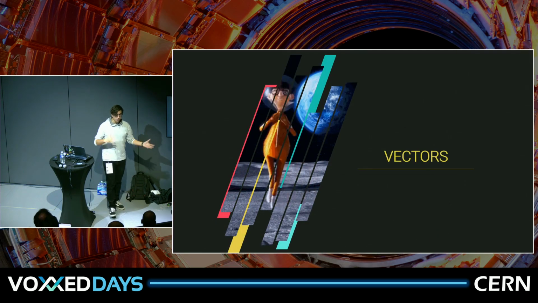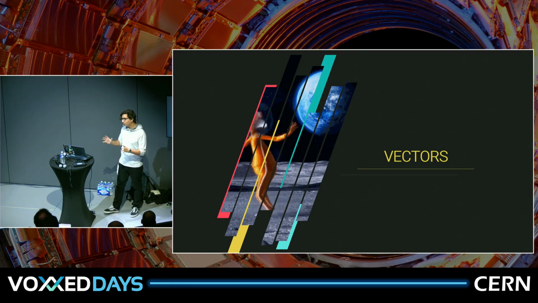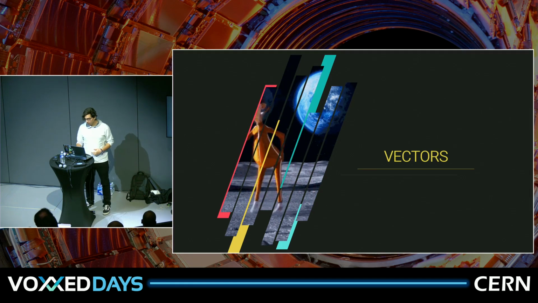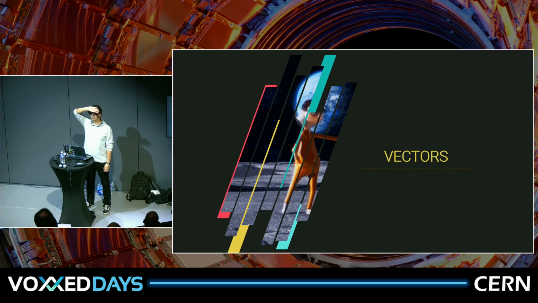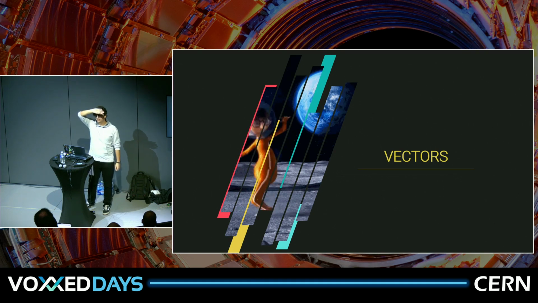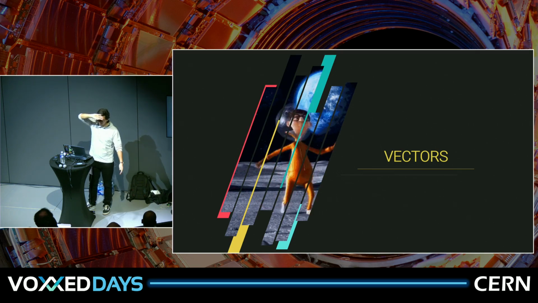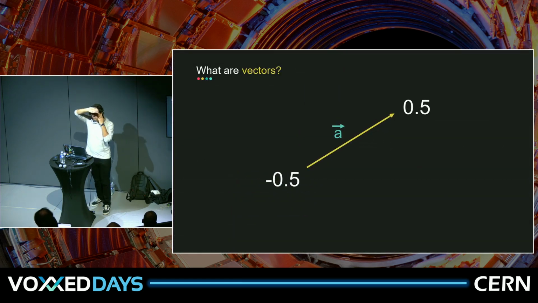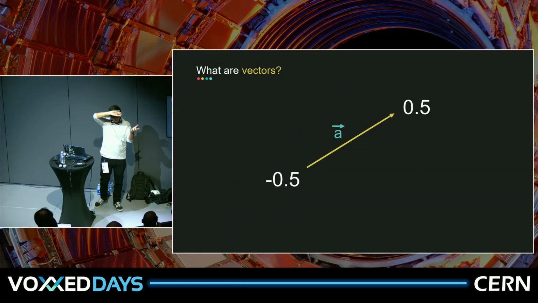Before we start talking about vector databases, there's one term that everybody needs to understand, and those are vectors. Are there any mathematicians sitting here? I asked this at CERN, I know. Okay, great. If I say anything stupid, please correct me. I'm no mathematician myself. But vectors are a mathematical construct.